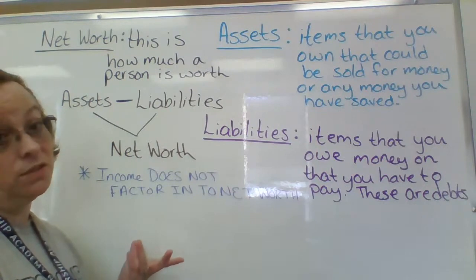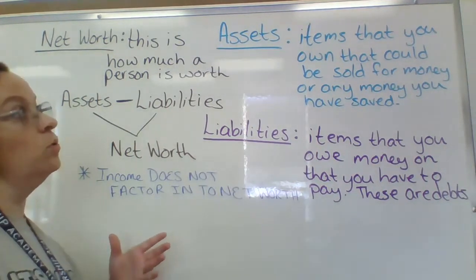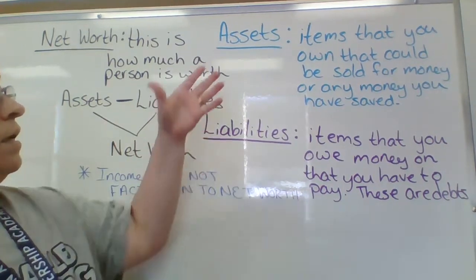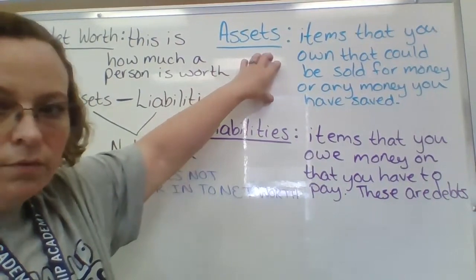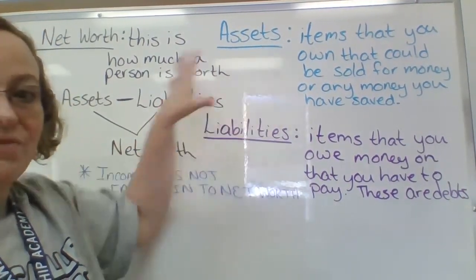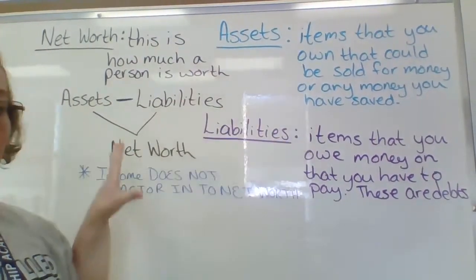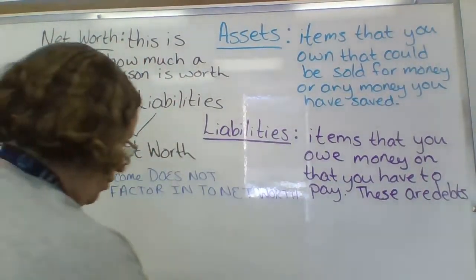That's going to be one of your questions, okay? Because income is not something that you can get rid of. I mean, well, you could, but it's not something you can sell for money, right? And it's also not something that you owe on. So it doesn't factor into any of this, okay? So that's how we are going to calculate net worth.